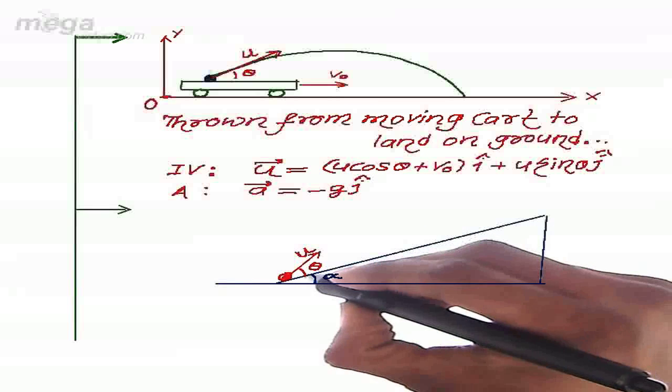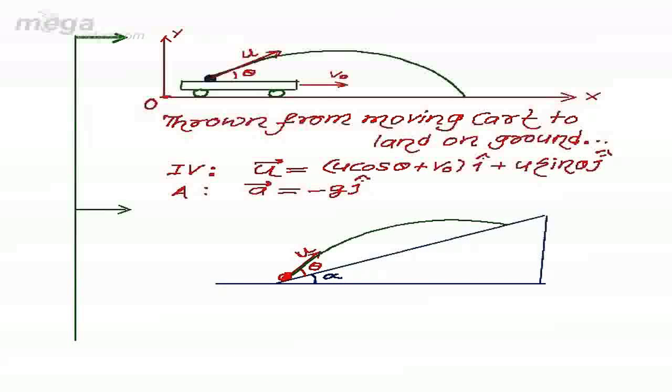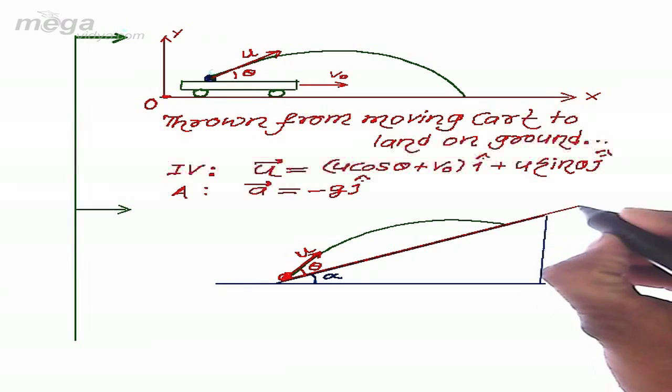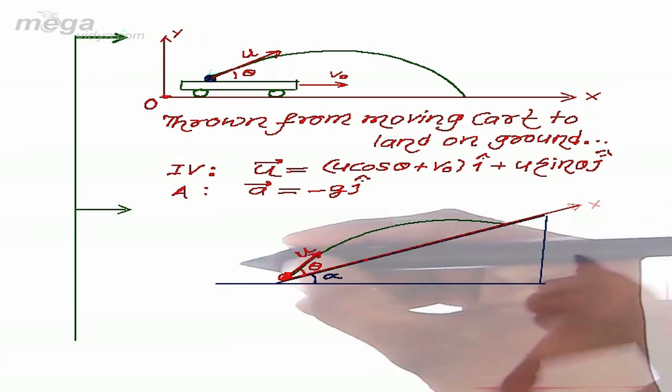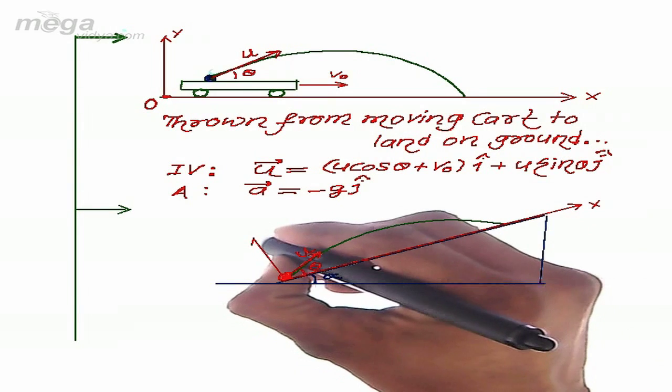The possible path of this projectile may be like this. Now here also we have to consider a reference frame. I would like to suggest a reference frame in which we take the x axis along the inclined plane and y perpendicular to this inclined plane.